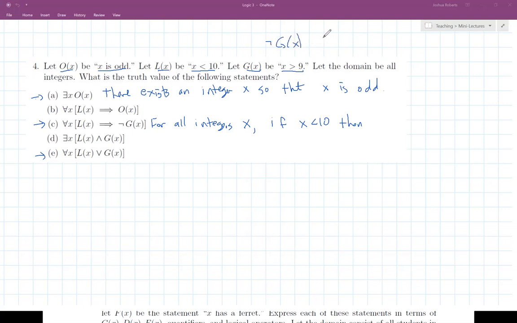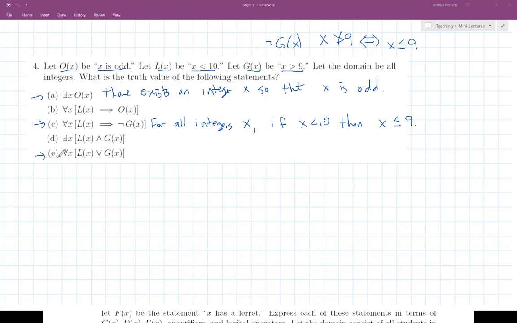Not G of x would be x is not greater than 9. But this is the same thing as saying x is less than or equal to 9. So I'm going to write it like that. So going back, for all integers x, if x is less than 10, then x is less than or equal to 9. And again, we'll come back and analyze this in just a second.